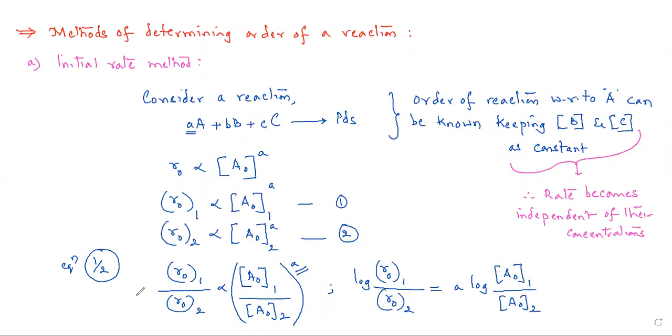So from this, a can be calculated. See, from this, a can be given as log R0 1 minus log R0 2 by log A0 1 minus log A0 2. Is that okay?